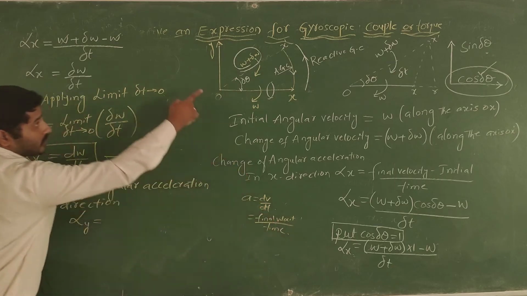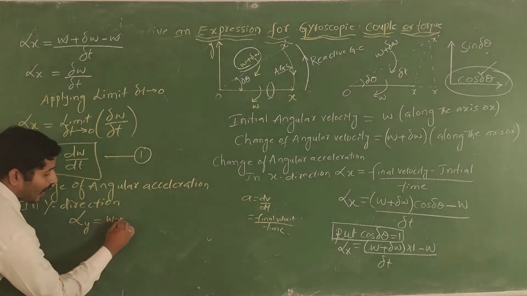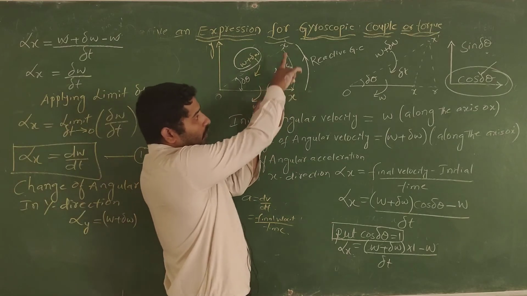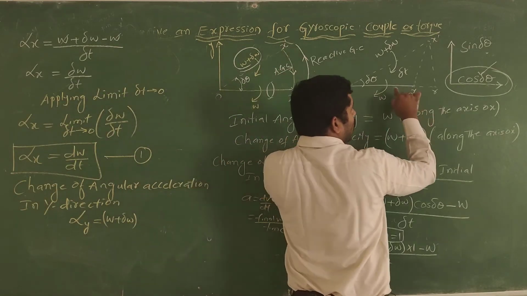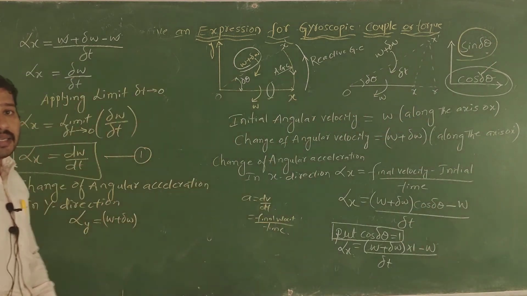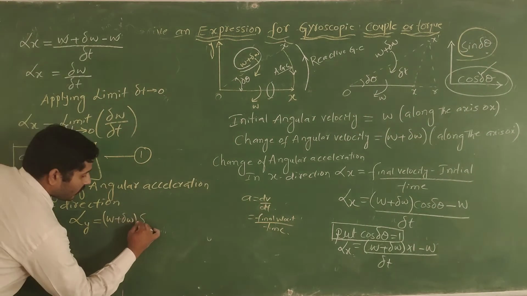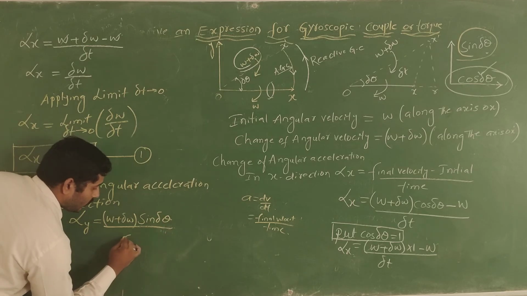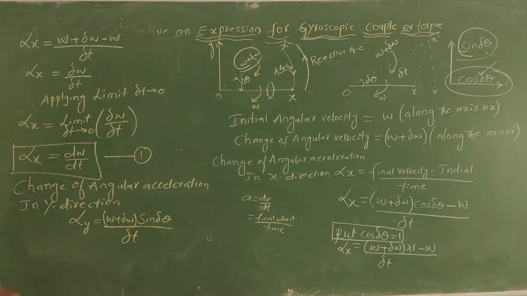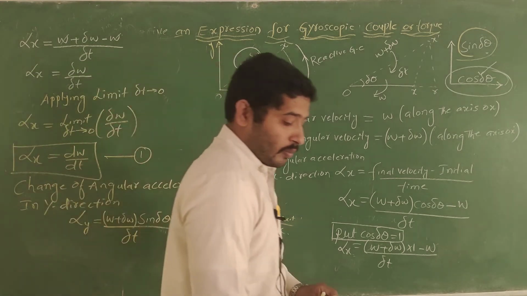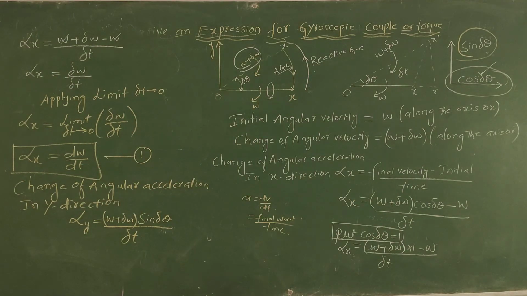The final velocity value is omega plus delta omega. If it is perpendicular to the axis OX, what angle do they make, dear? Sin delta theta. Okay dear, sin delta theta with respect to time delta t. Okay dear, I am rubbing this one. Please take the snapshot, all of you.